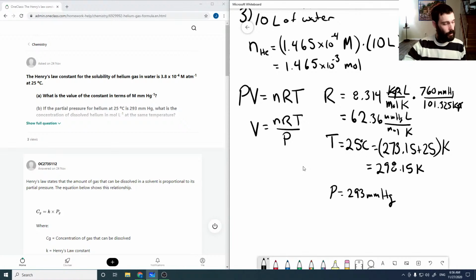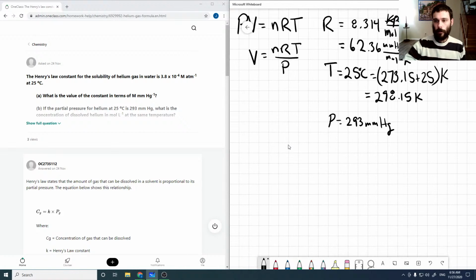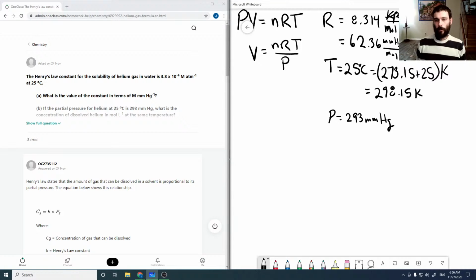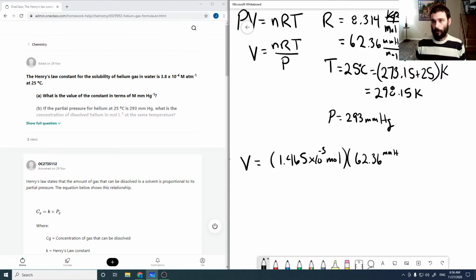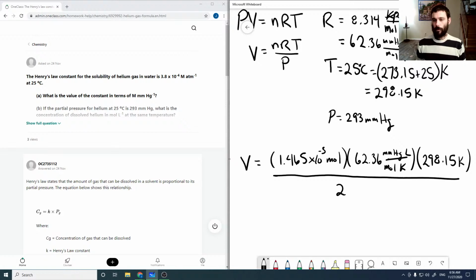So now combining all this into our volume expression, we have that volume is 1.465 times 10 to the minus 3 moles times our gas constant, which is 62.36 millimeters mercury liters over mole Kelvin, times our temperature, which is 298.15 Kelvin, and divided by our pressure, which is 293 millimeters mercury.